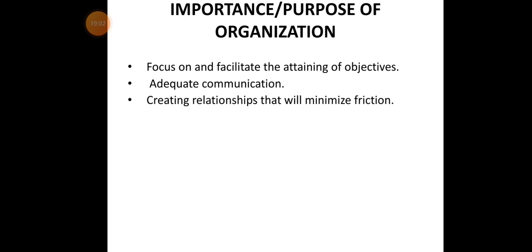Next is creating relationship that will minimize the frictions. For example, organization have some good relation in between the employees. When there is an organization, we can maintain some proper relation, then only it will reduce the friction. For example, tomorrow I'm not coming to the college.